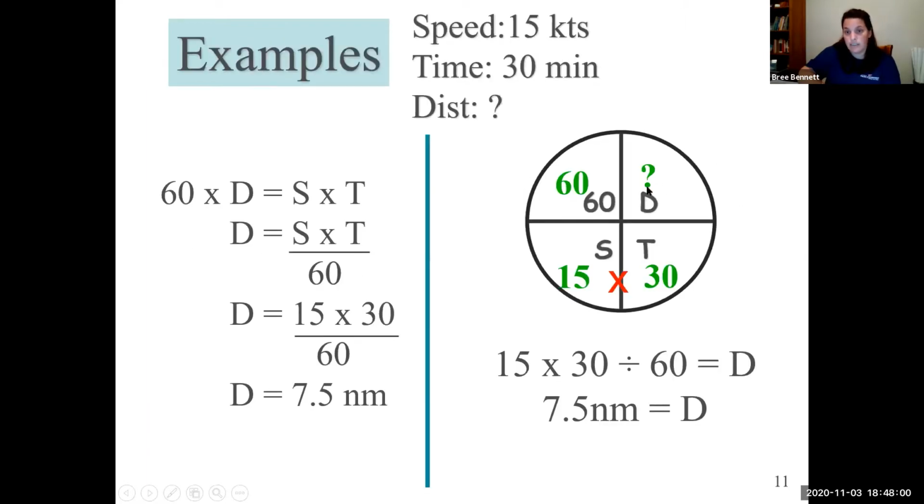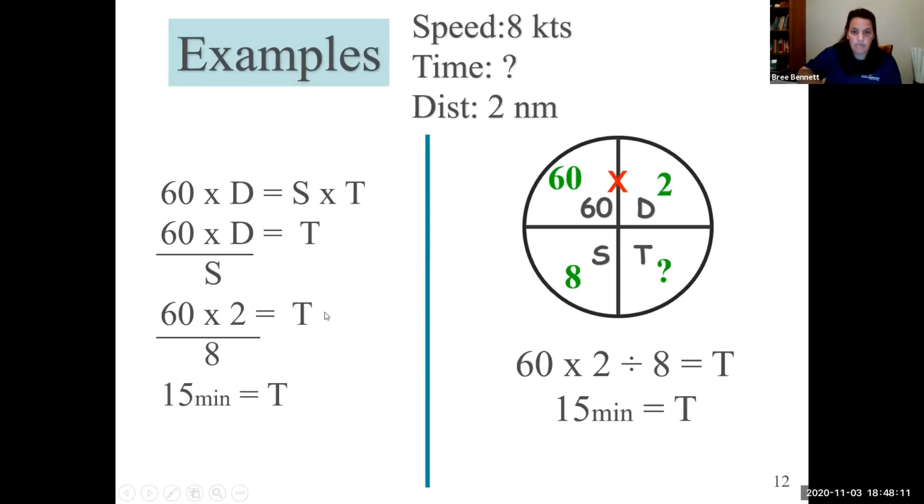We're missing our distance here, so we multiply from the bottom and then divide from the top. Okay, I'm not planning on going through all of this today. So that is not our PowerPoint, but that is a quick look at how speed, distance, and time are related to one another.